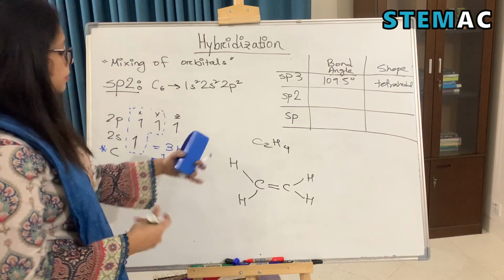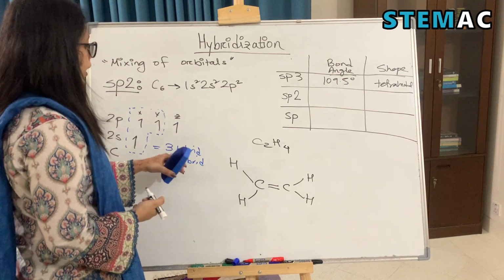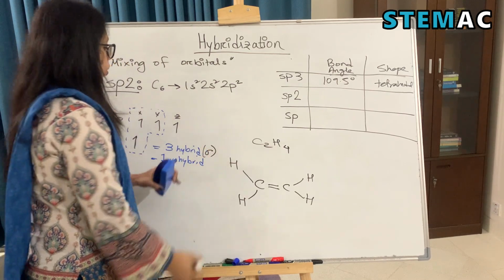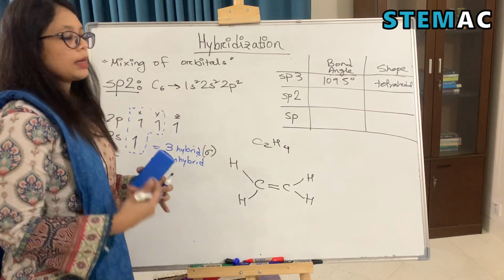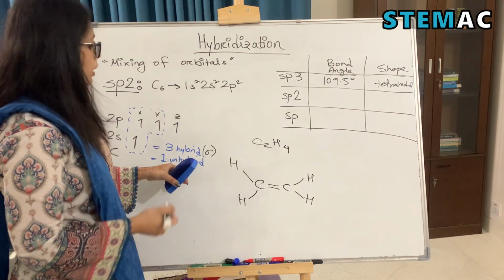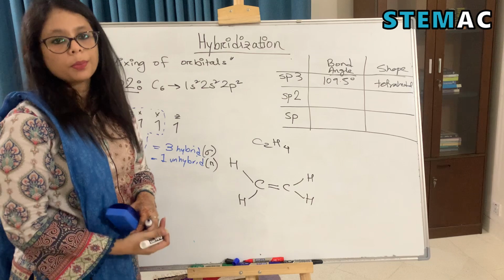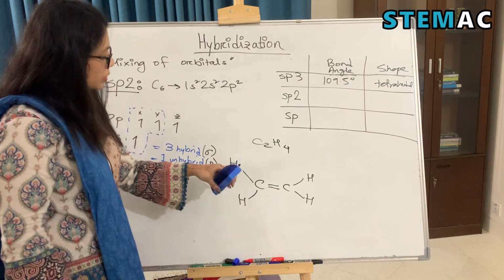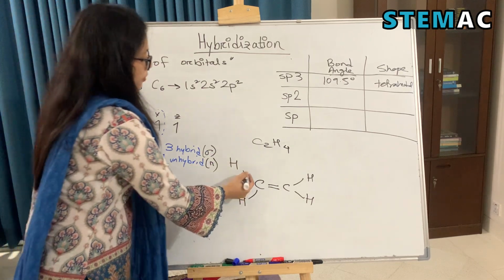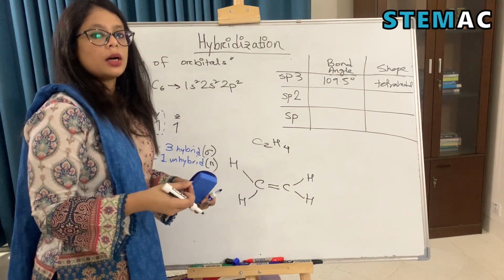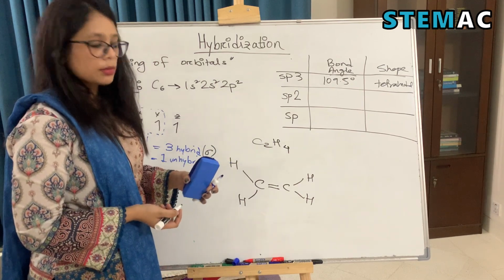How can we extract information is that here hybrid orbital means actually the sigma bond. The orbitals are going to take part in the sigma bond formation, and unhybrid orbitals are the orbitals which form the pi bonds. So here we know that every single bond in a double bond and every 2 bonds in a triple bond are pi bonds.